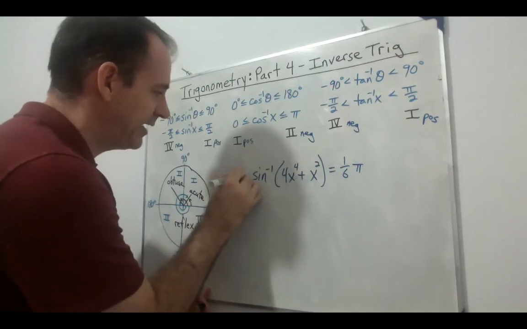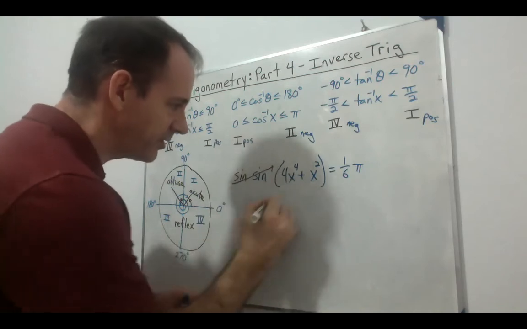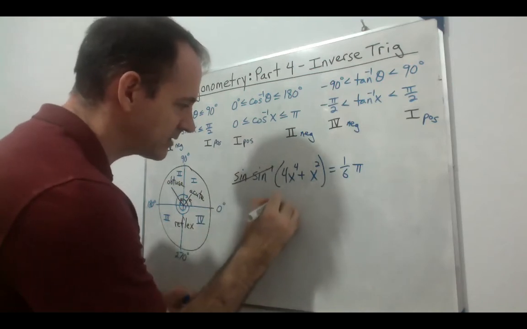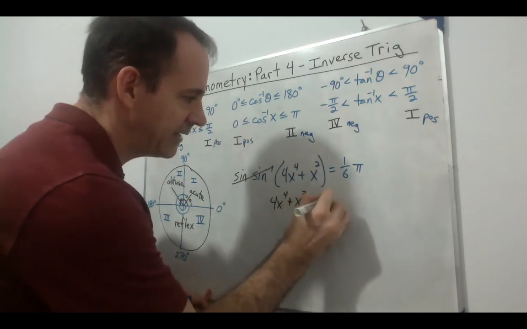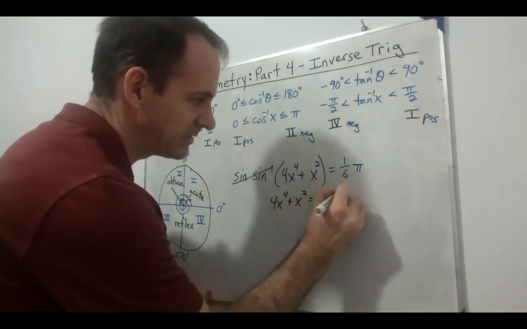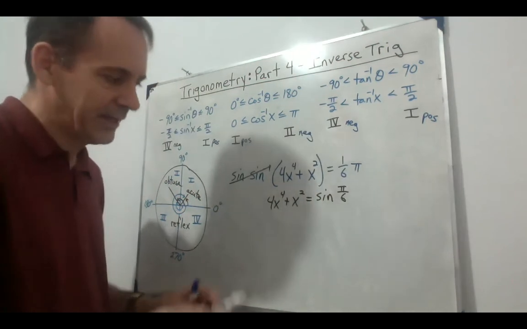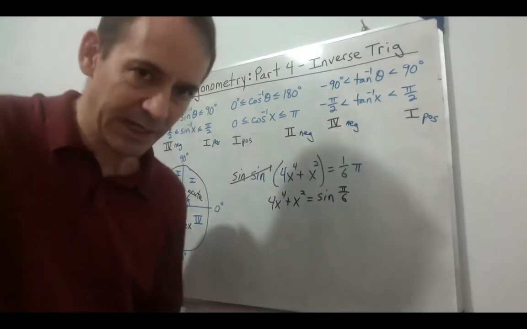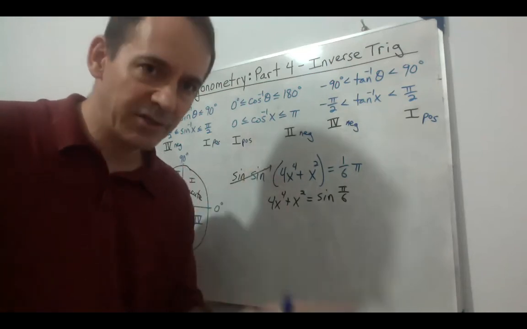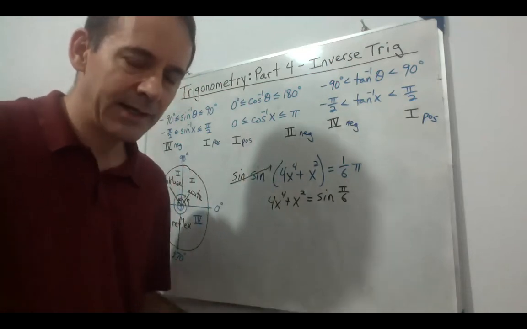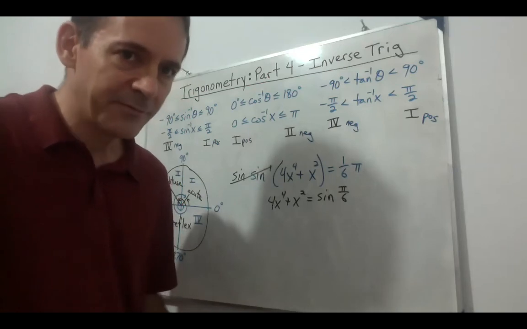So if we sine this side, it cancels, leaving us with 4x to the fourth plus x squared equals sine of pi/6. And you're like, oh, what's sine of pi/6? Well, you can do it on your calculator, but you shouldn't have to because this is one of your special triangle values.